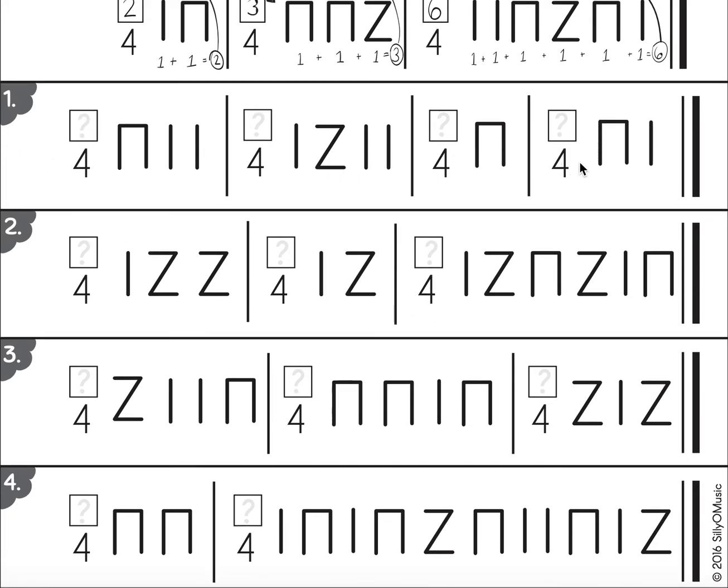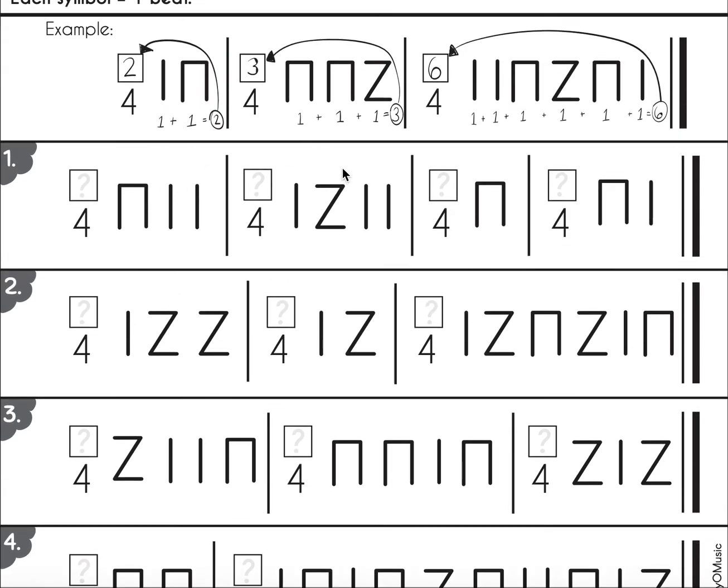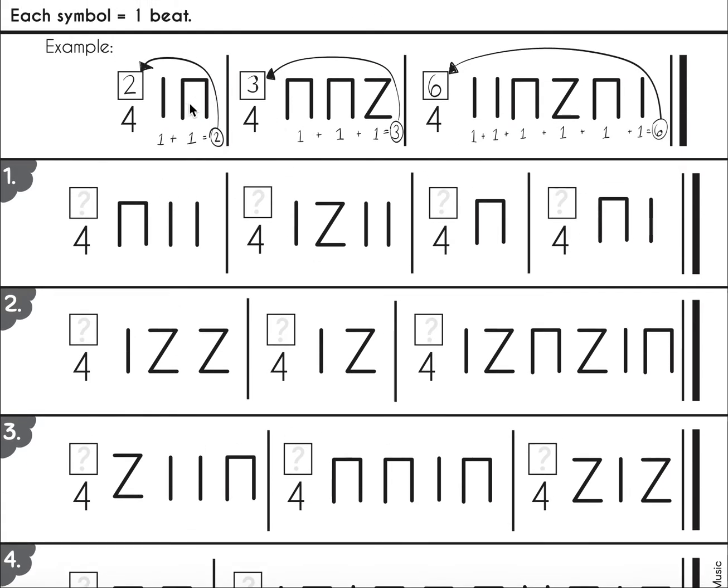Each line is its own exercise, and in each measure it changes. So here we have an example. We have 3 measures here. The first measure is 1 plus 1, because we have a quarter plus an eighth. That gets us to 2, so we put a 2 in the box, so it's in 2/4 time. The next measure we have beamed eighth, rest. All of them equal 1, so we have 1 plus 1 plus 1 equals 3. So now we have a measure of 3/4 time.